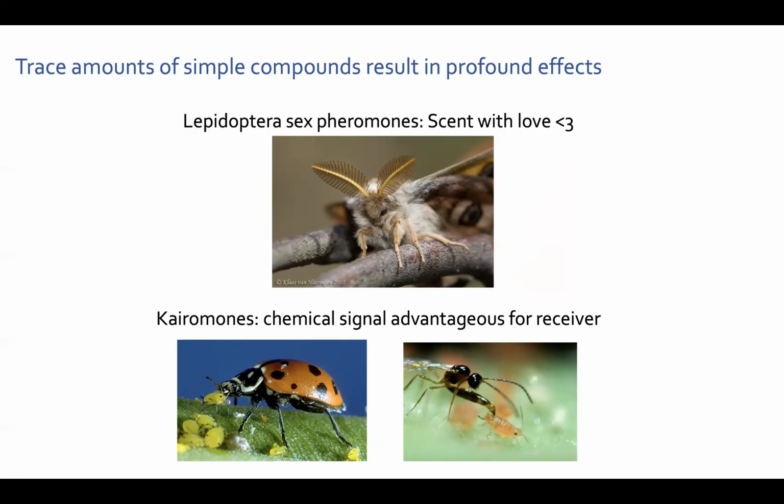Basically, it was observed that 1 microgram or less of simple organic molecules could actually have profound effects on the mating behavior of moths. And I'm specifically saying moths, and this is a moth because of these beautiful feathery antennae. But I'm talking about moths specifically because moths are nocturnal and they don't have very good eyesight. So they need to find each other for mating using pheromones.